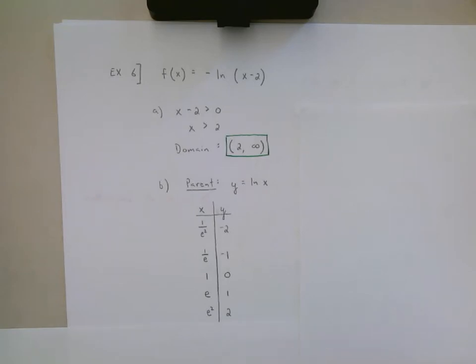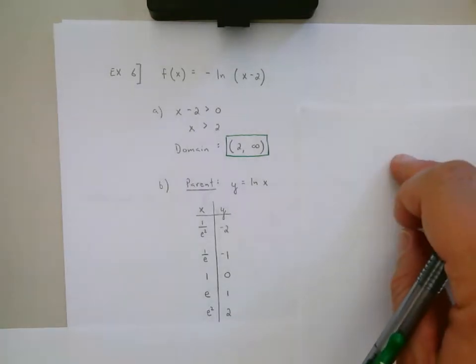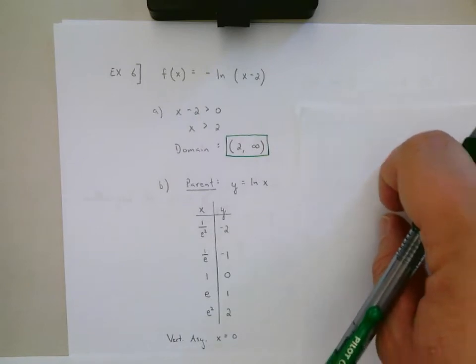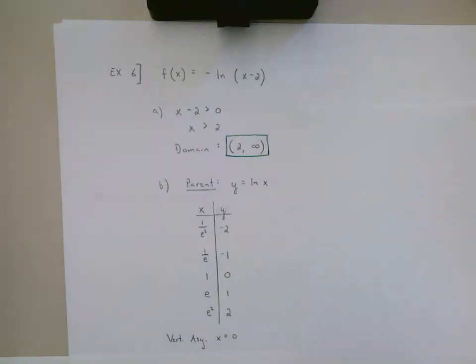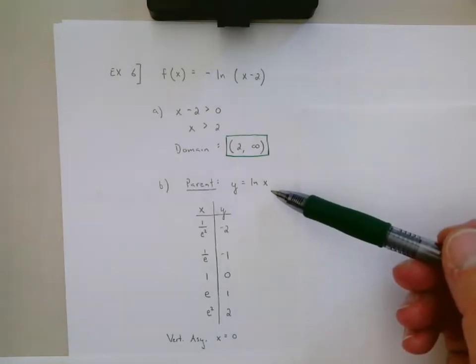Because the logarithmic function is the inverse, all I did is interchange the x and y columns from that table to get this table. I would remind you that this has to have a vertical asymptote at the line x equals 0. That should make sense when you think about the domain of the parent.